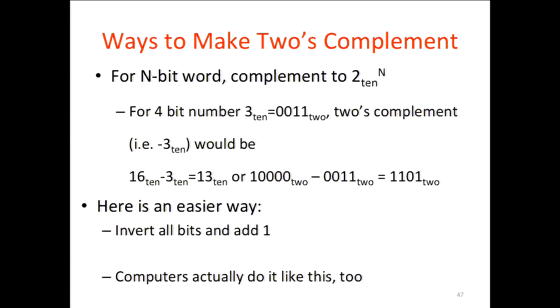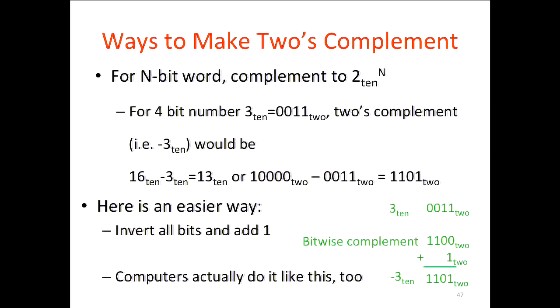You take your original word, invert all the bits, and then just add 1. That's super simple. The inverter, that function NOT, is sort of the most primitive logic gate, so it's very easy to do. An example is here. I take 3, so 0, 0, 1, 1. I flip all the bits, so it becomes 1, 1, 0, 0, and then just add 1. There you go, magic. Boom.